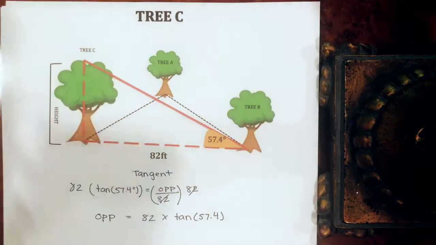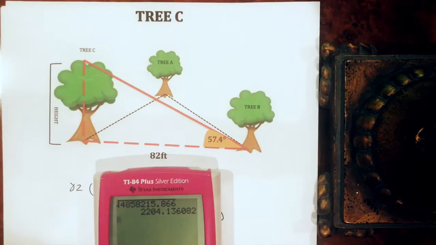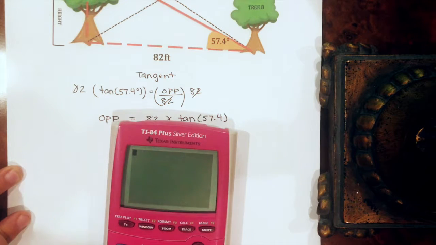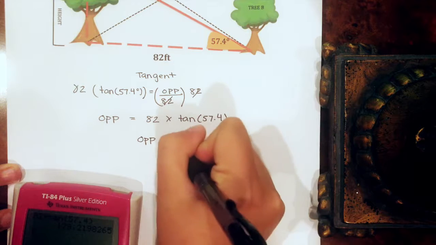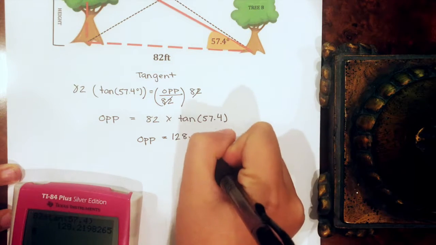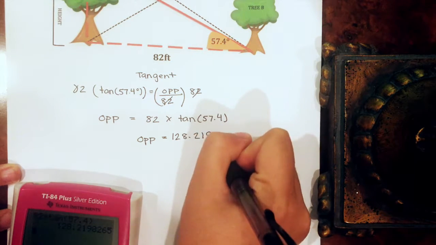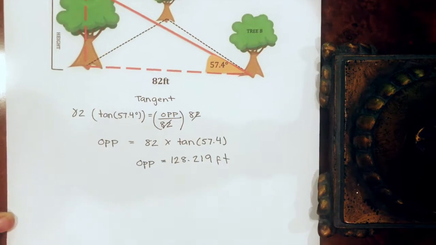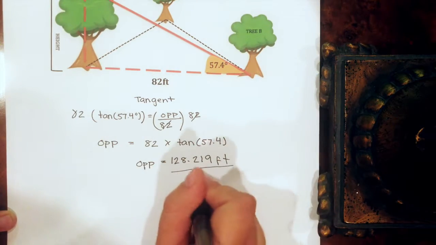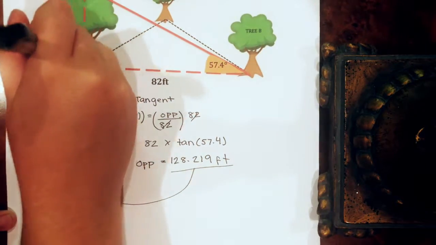Then we would plug that into the calculator, which would give us 82 times tangent of 57.4, and that leaves us with the opposite side being equal to 128.21.9. This would be the height of tree C. As you can see, this is our answer for this.